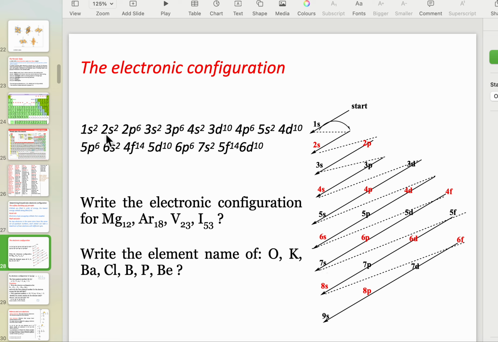So you have to see here, no problem with 1s2, 2s2, 2p6, 3s2, 3p6.